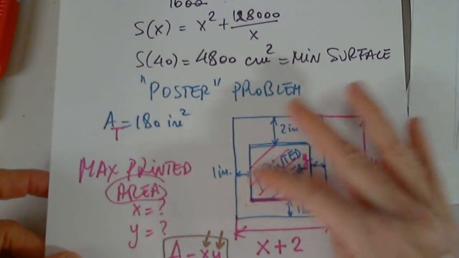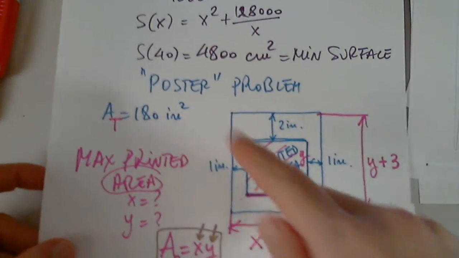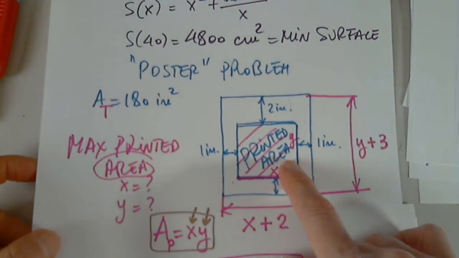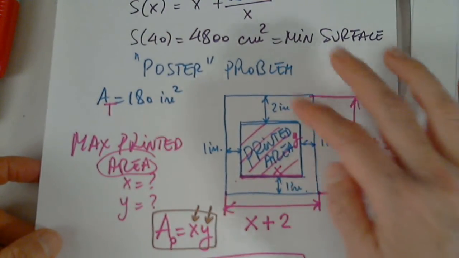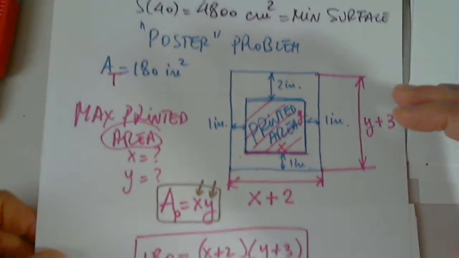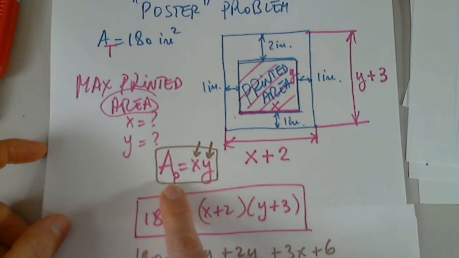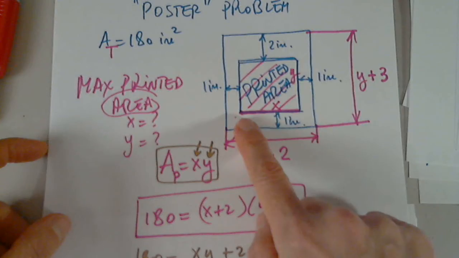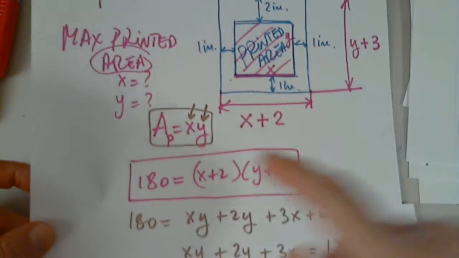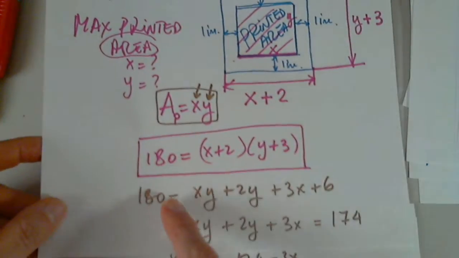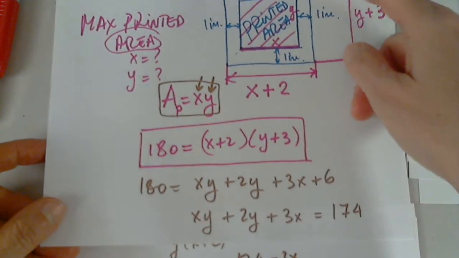So we created a figure that showed the printed area, the borders, if you want, of the printed area. We knew that we were interested in finding the maximum of this function, which is X times Y. We are given the total area, which was 180, which is X plus 2 times Y plus 3.